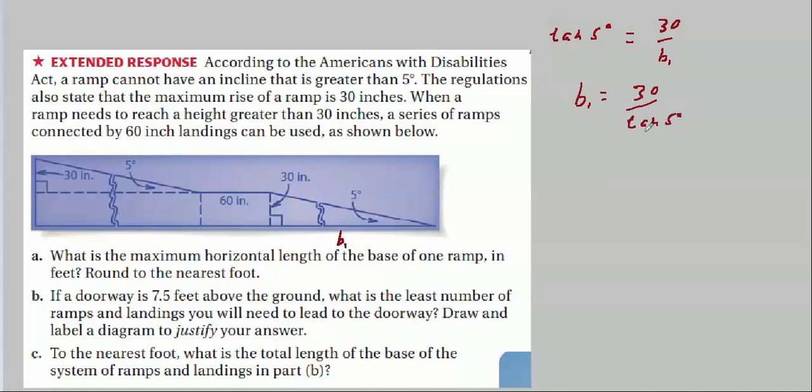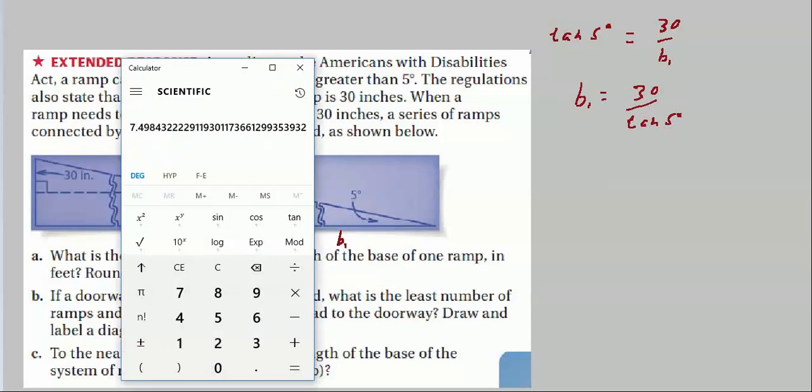We divide by a tiny number, everything gets bigger, doesn't it? So let's see how this works out. We have 30 divided by, oops, yeah, let's see if I can do it this way.